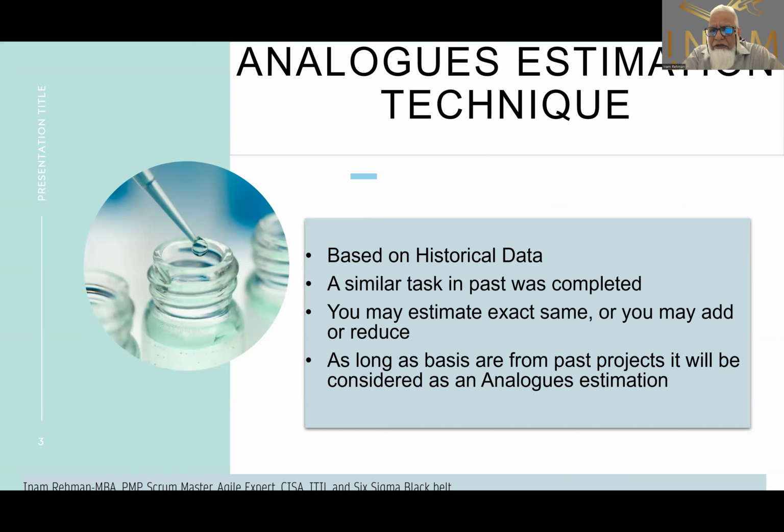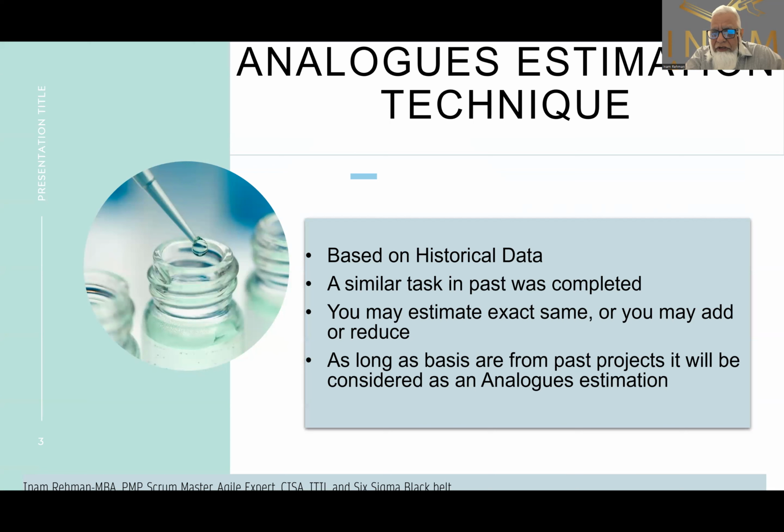The key point here is that if you make an estimate and then you add something to it, let's say if you're estimating cost and you say there's inflation here and you want to add 10% inflation, or you are estimating a duration and you think now you have more experience and you want to reduce it by 5%, both are possible as long as your basis is the historical data.